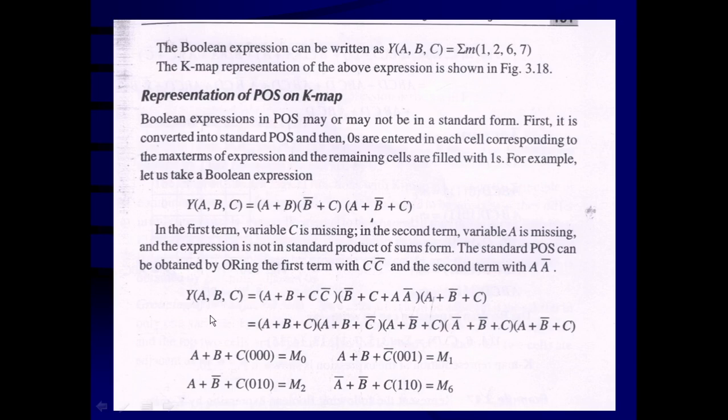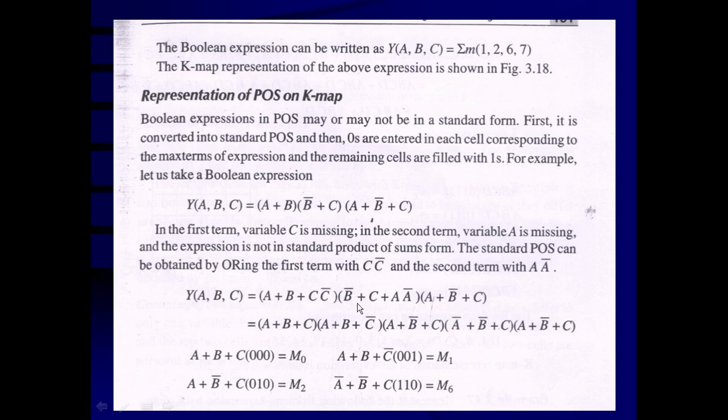So we are writing y is a function of ABC equal to A plus B, ORed with the missing variable times its complement, C C bar. C C bar is going to be 0. Anything added with 0 remains the same, A plus B. That's why it is added with C C bar.